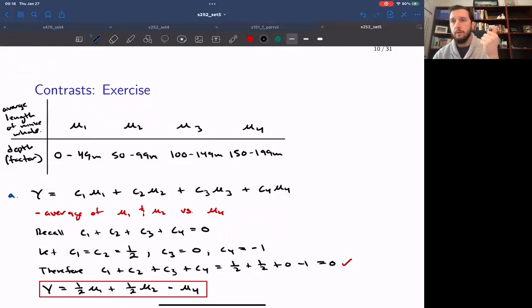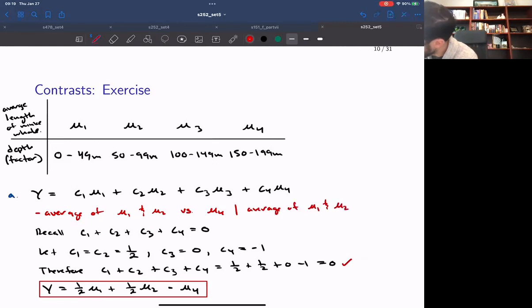So if I have mu1 plus mu2 over 2, that means that the coefficient associated with each mean has to be a half. Does that make sense?